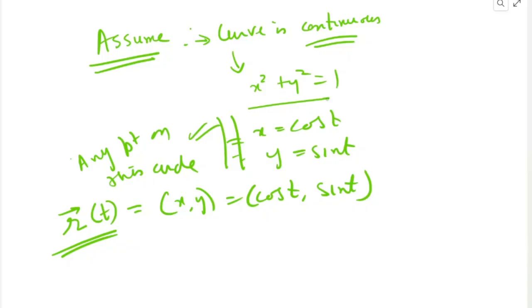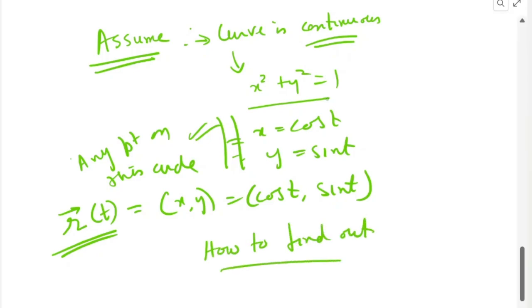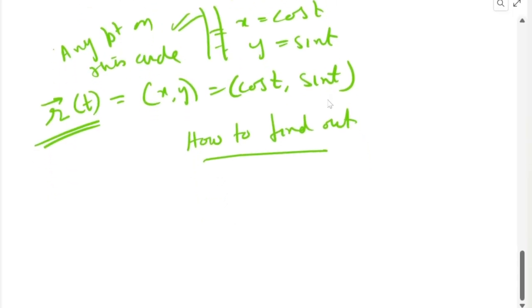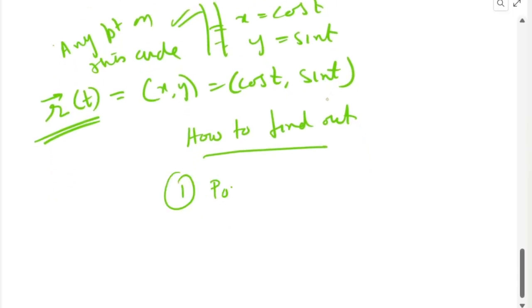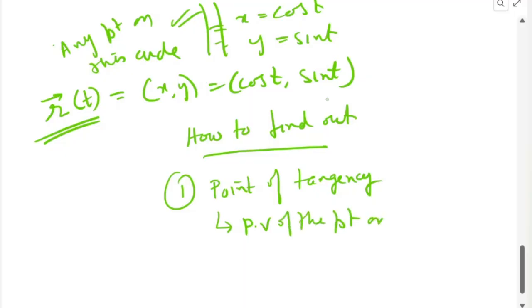Now my question is how to find out the following. What are the following? One, point of tangency. That means whatever point where you are drawing the tangent, what is the point exactly? That means what is the position vector of that point? The position vector of the point on the curve where you are drawing the tangent.